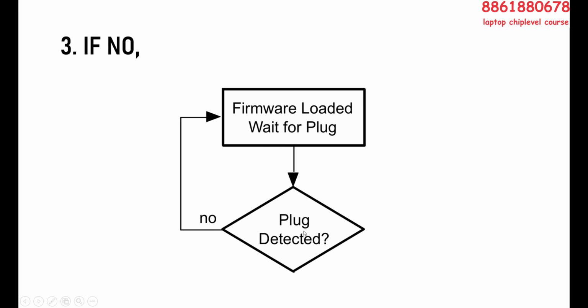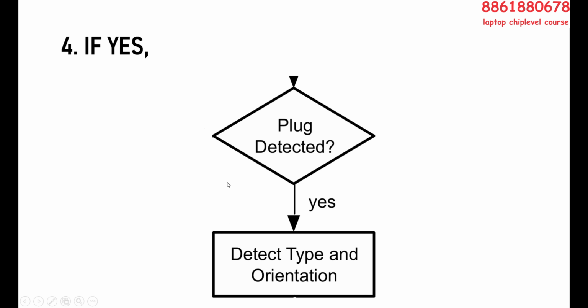Otherwise, again, it will keep on searching for the plugged-in device. Okay, if yes, the plug-in device is connected and the firmware has detected the device, then what will happen?